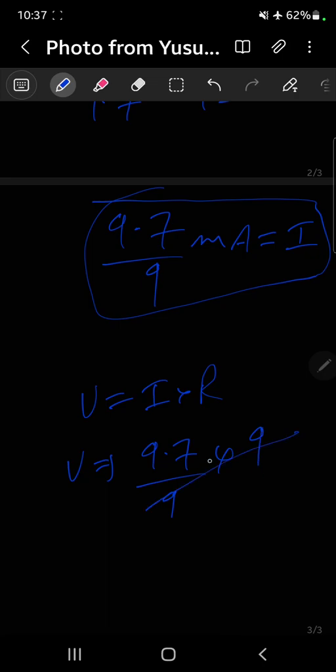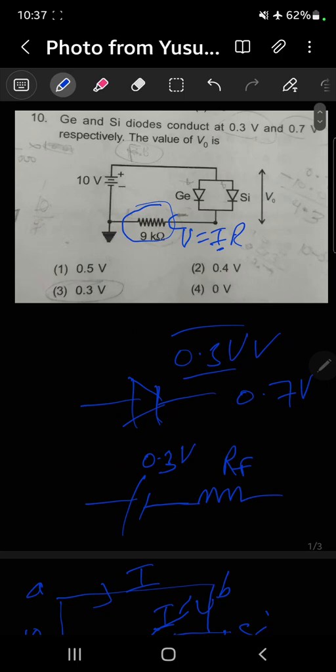This 9 cancels, and we have a voltage of 9.7 volt. If the total voltage is 10 volt and 9.7 volt is here, then what is the remaining voltage? That is 0.3, so the output voltage is 0.3.